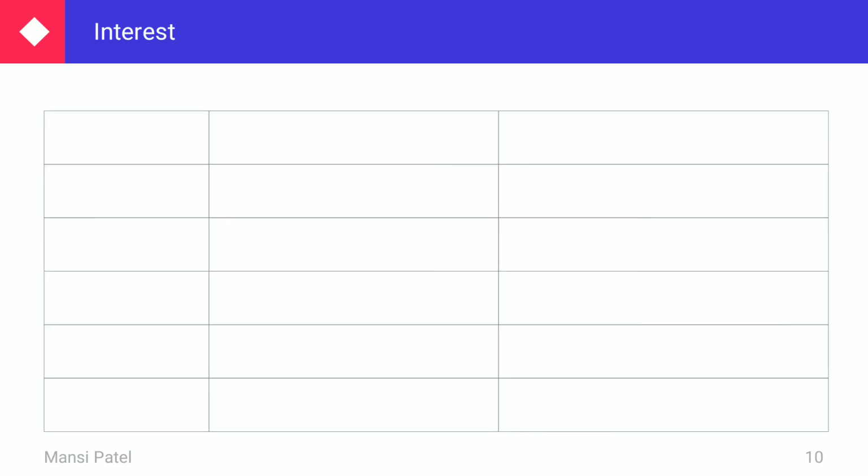Now, one topic about interest that we already studied. Let us revise it. What is interest?